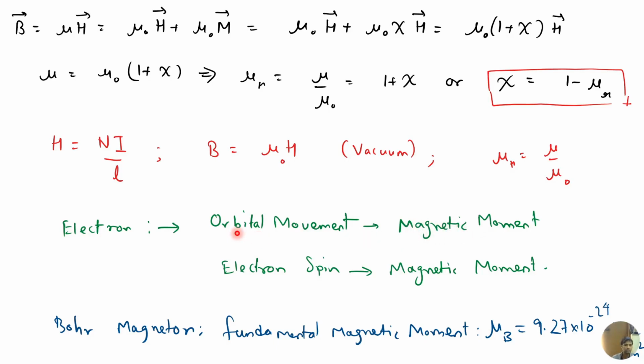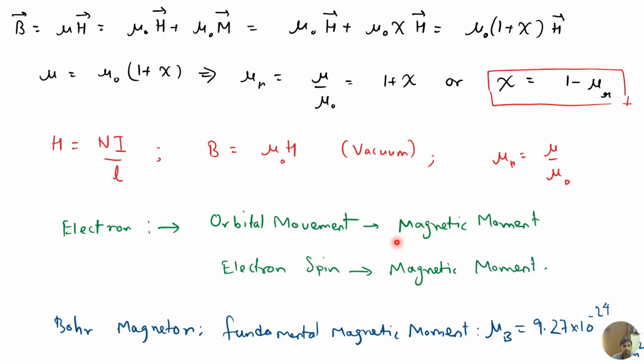In the case of a coil, we saw that we were deliberately injecting charge into the coil, and it is because of the motion of the charges that a magnetic field was produced. In atoms and atomic systems, the electron can be in a certain type of orbital motion, thereby creating very small currents in those small regions, and that will create a magnetic moment.